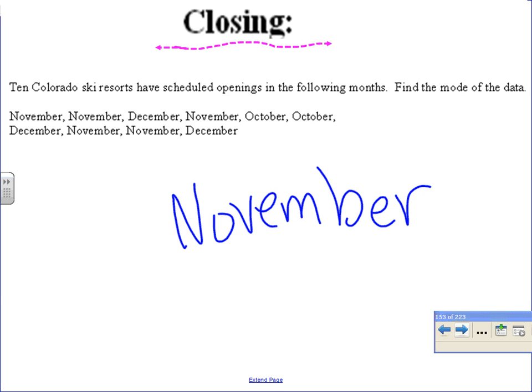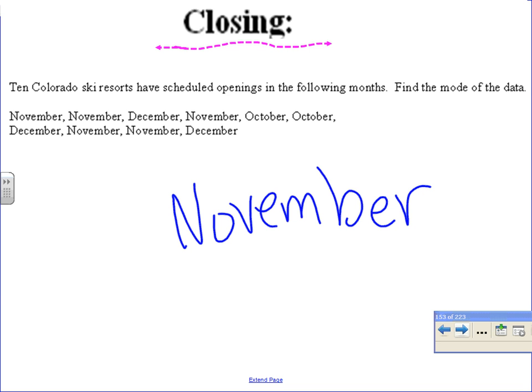So anyways, I wanted to show you this because finding mean, median, mode, and range, in this kind of example, you could find the mode of months. Okay, it doesn't necessarily have to be just numbers all the time. Okay, any questions on mean, median, mode, range? Well, you could, yeah.